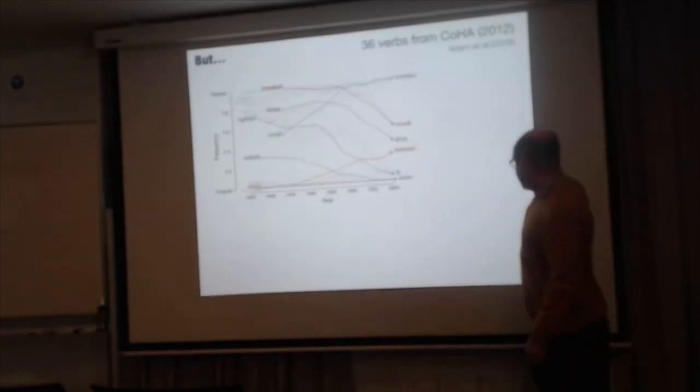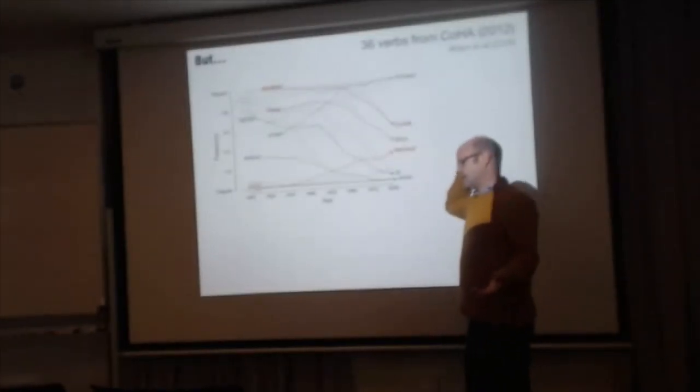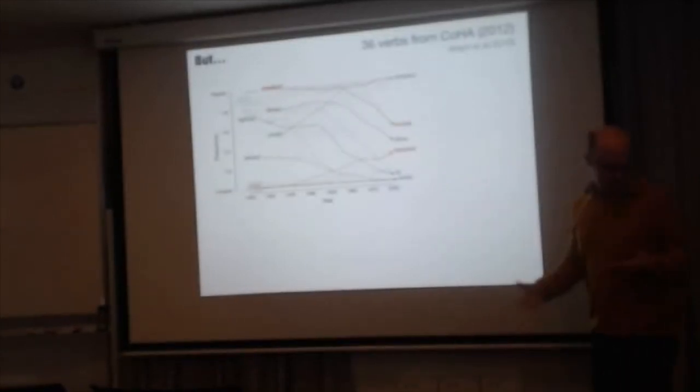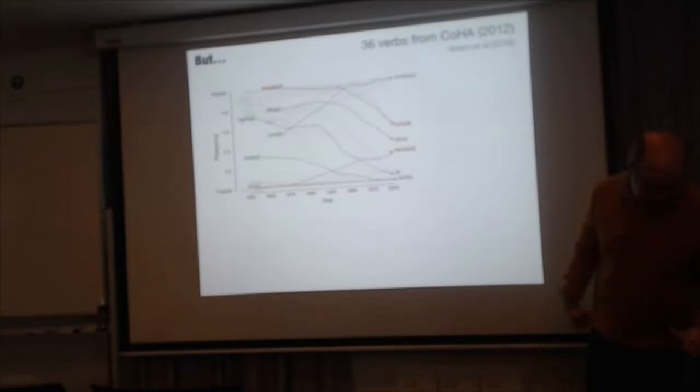We know a lot about the statistics of the drift process, so you can assume drift as a null hypothesis and then ask whether a particular trajectory is consistent or not consistent with that null hypothesis.